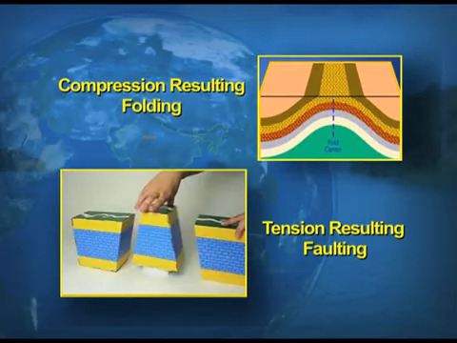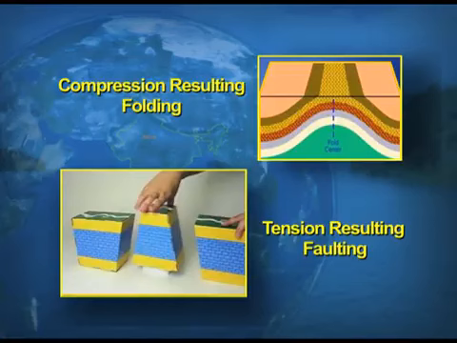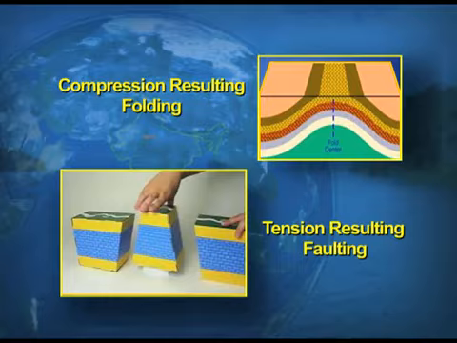Now, this compression and tension further result into different structures. Compression, which I have just told you, is the force which works from the opposite direction. So, that results in folding of the rocks. The diagram is self-explanatory on how the folding takes place.